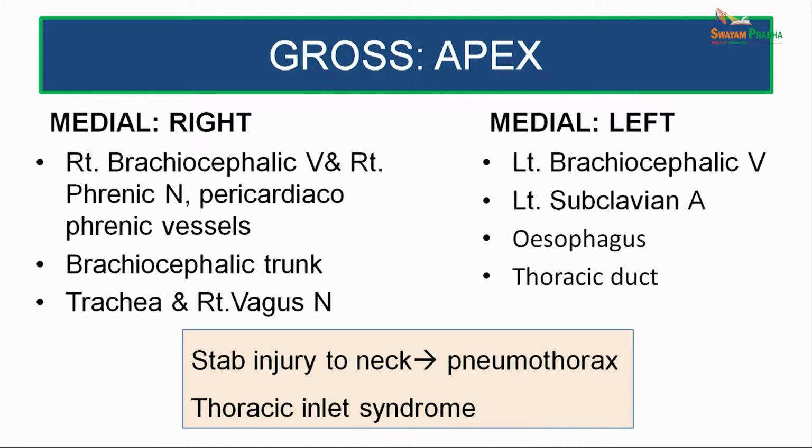Following that is the brachiocephalic trunk and then the trachea and the right vagus nerve. Whereas on the left side, we have the left brachiocephalic vein and the left subclavian artery, which replaces the brachiocephalic trunk of the right side, and posterior to that we have the esophagus and the thoracic duct.